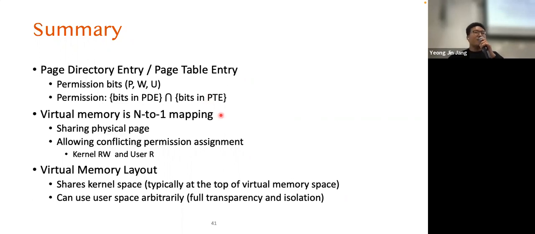And then, virtual memory is not a one-to-one mapping. For one physical memory page, we could have n many virtual addresses. So if there's a conflicting permission arrangement, we can handle it by having different virtual addresses for kernel and for user.